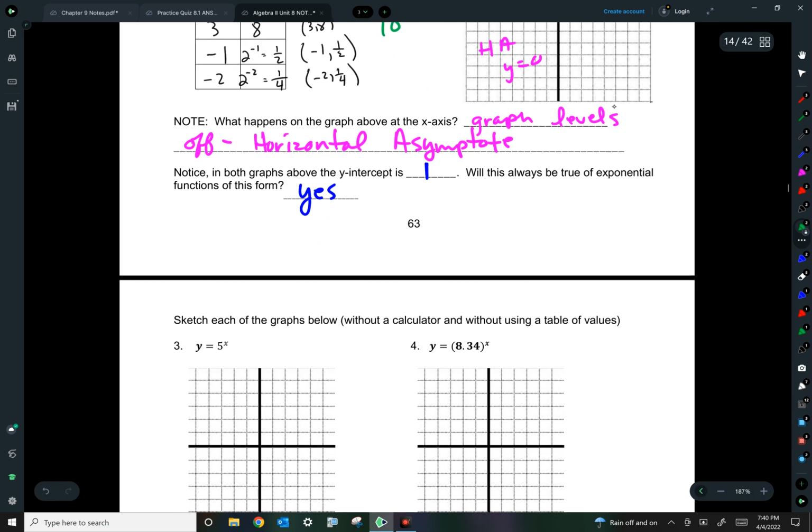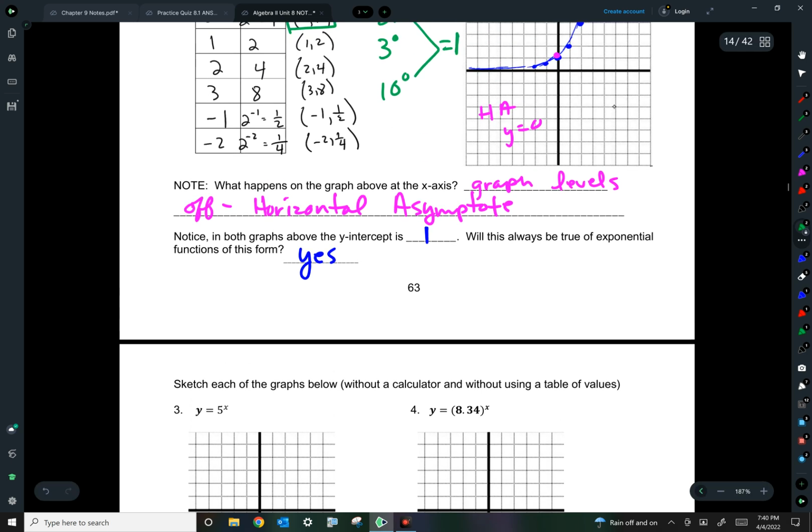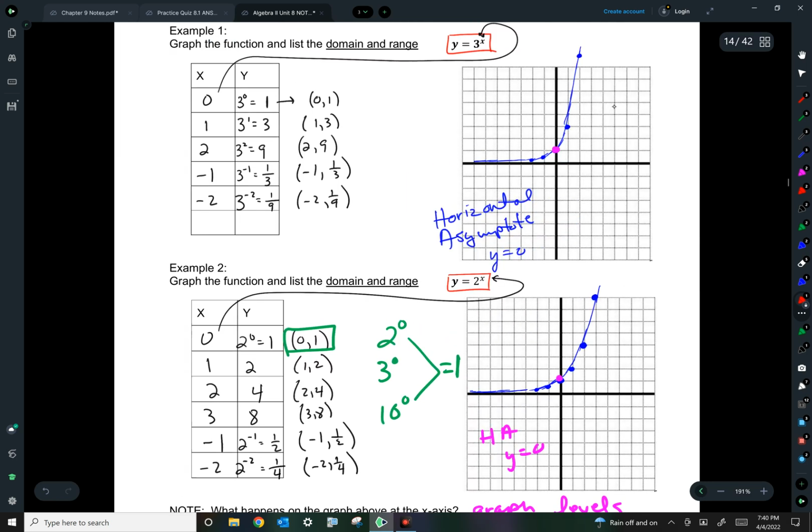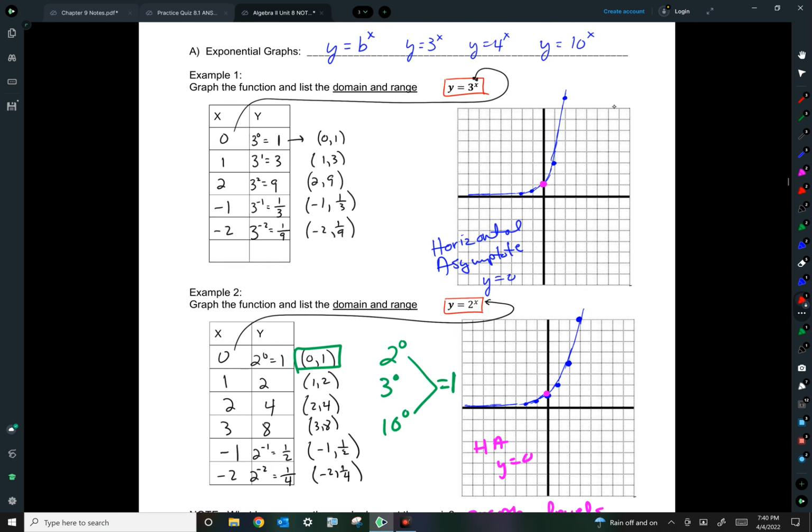Okay, so let's generalize. Anytime you have an exponential graph, whether it's 3 to the x, the first one we did, or 2 to the x, the second one we did, or 5 to the x, which is the next one we're going to do, or 10 to the x, any number, it doesn't matter. As far as we're concerned, it's got that basic shape. So burn that shape in your mind.